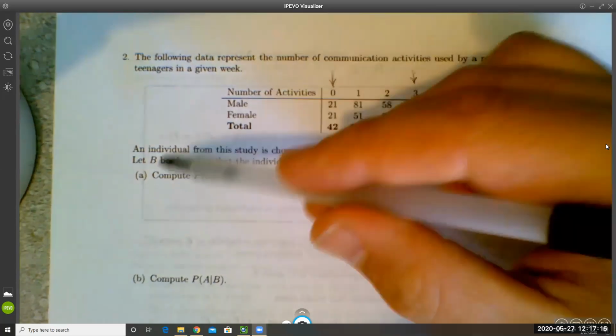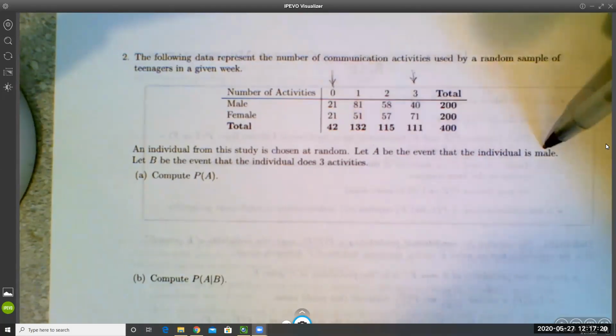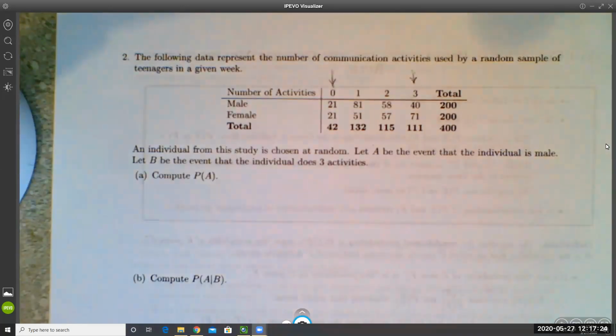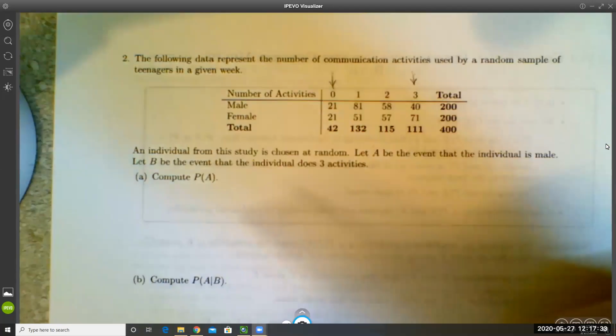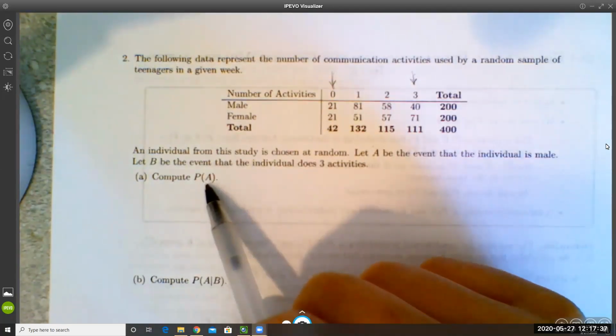Now it says, an individual from this study is chosen at random. Let A be the event that the individual is male. Let B be the event that the individual does 3 activities. First we're asked to compute probability of A. So what's the probability that the individual chosen is male?